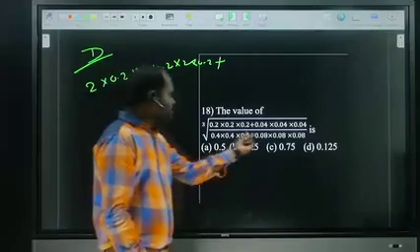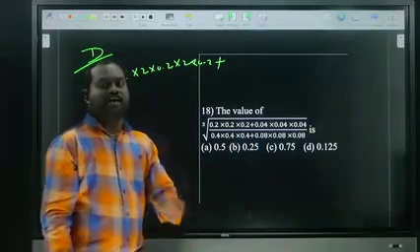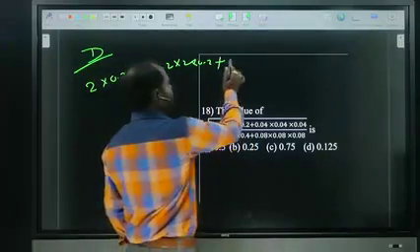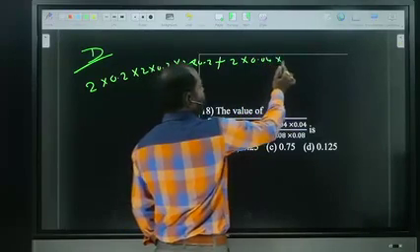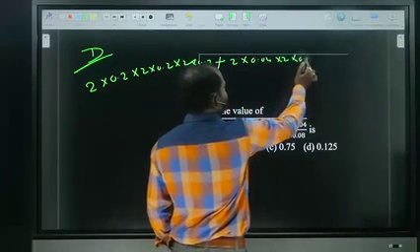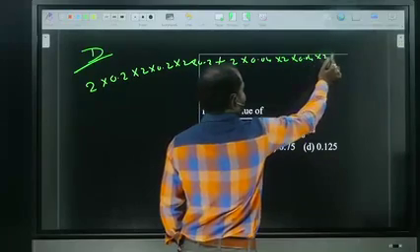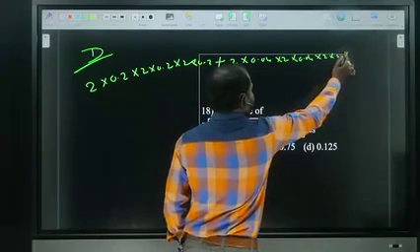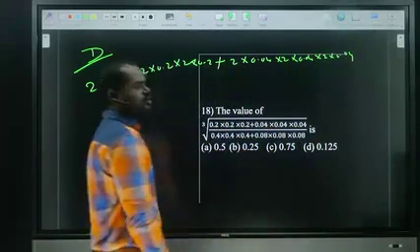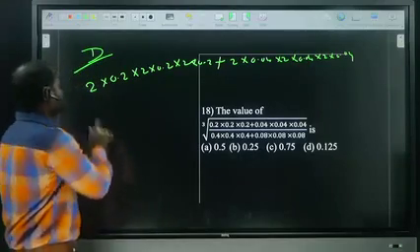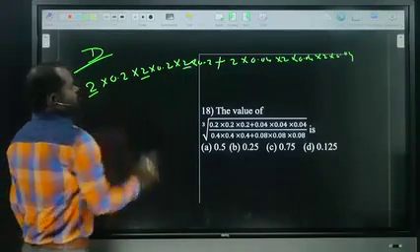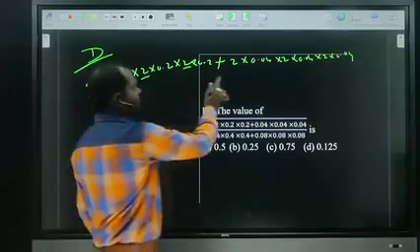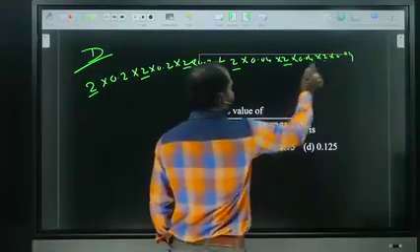Plus this 0.08 I am writing as 2 into 0.04, 2 into 0.04, 2 into 0.04. Again, I am talking only about the denominator. Observe: 2, 2, 2 here, and also 2, 2, 2 here.